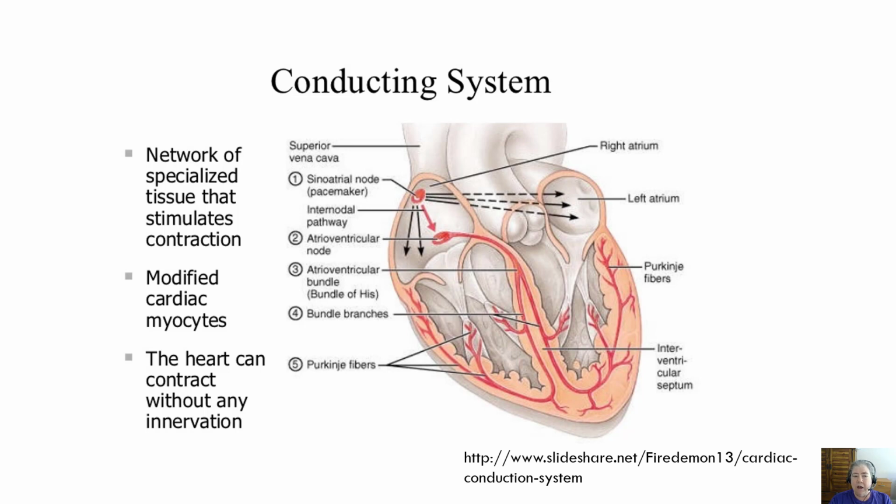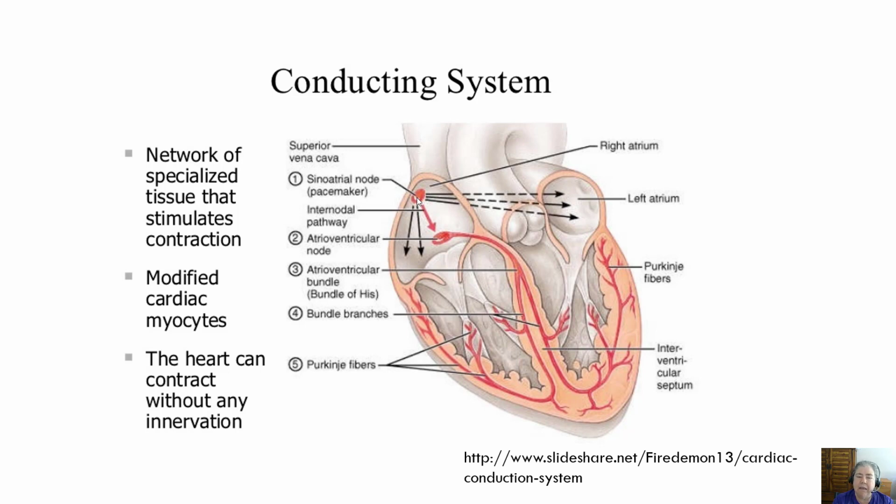I do want to talk a little bit more about the electrophysiology of the heart and how it is generated and how it is conducted. So I said earlier that the SA node, or the sinoatrial node, which is the primary pacemaker of the heart, sits in the right atrium quite close to where the superior vena cava enters.